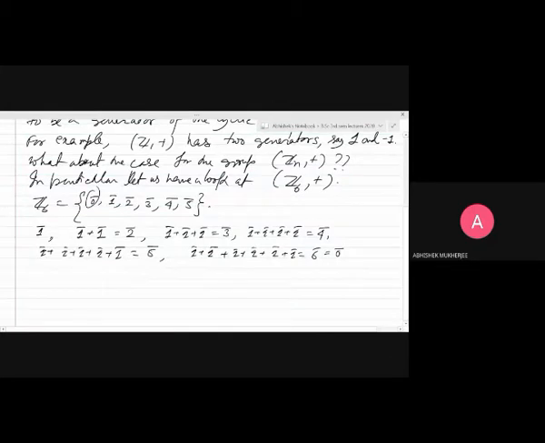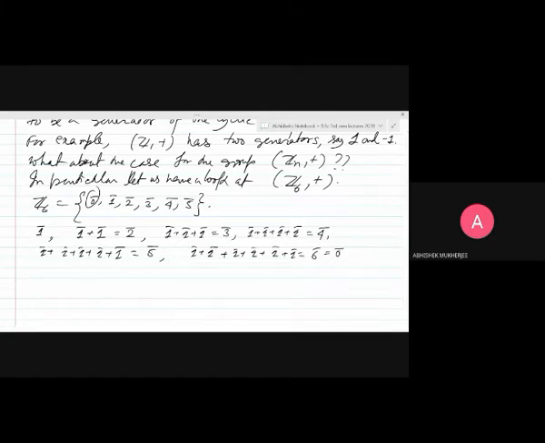And if you add more 1 class, you just get these classes again: 1 class, 2 class, 3 class, 4 class, 5 class.